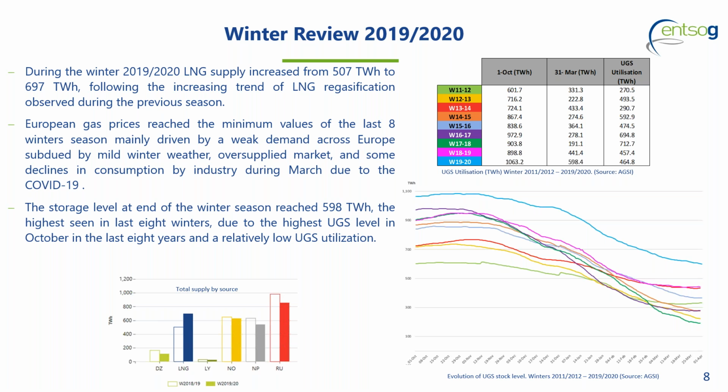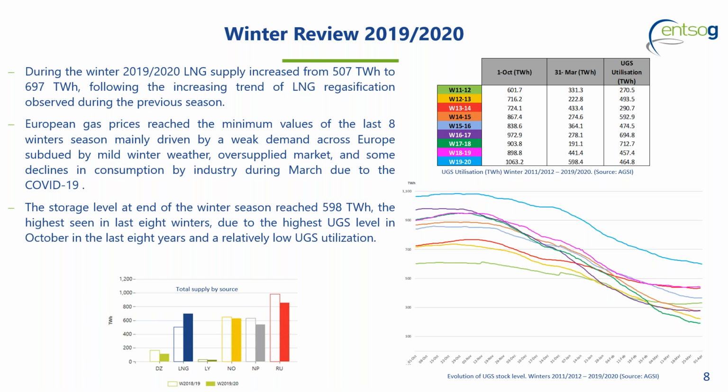At the same time, we can see that the previous winter was the time when gas prices were very low. Considering the last 8 winters, that was the lowest gas prices over Europe, and that was because of different situations. One of them was mild winter weather, and in mild winter weather we were not having big demands.